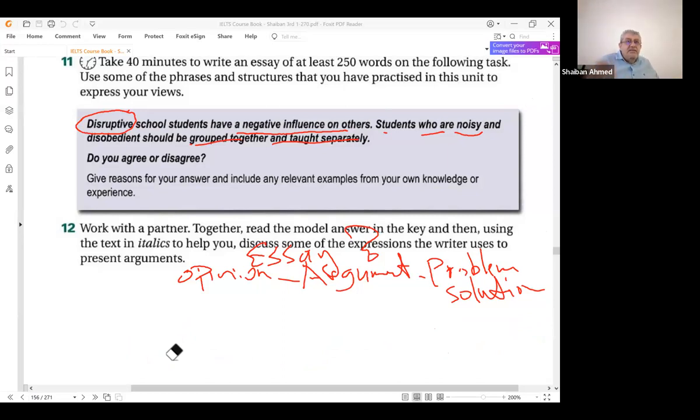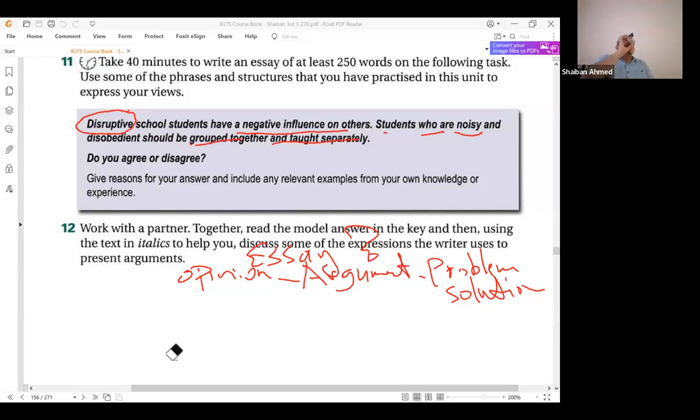Yes, disruptive school students have a negative influence on others. Students who are noisy and disobedient should be grouped together and taught separately. Agree or disagree? If you say I agree, you have to say why you agree. Disagree, you have to explain why you disagree. So first, is it an opinion, is it an argument, or is it a problem solution?